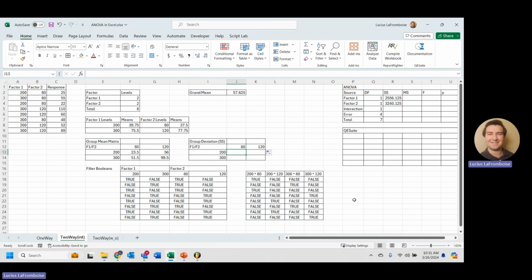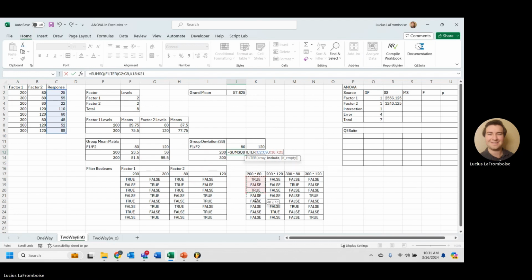All right. So our group deviation, what we want to find out is the sum squared of each individual value in that group minus the mean of that group. So what we'll do here is we'll say sum squared of, and we're going to say filter our response by 280, because we're in the 280 group, minus our group mean.